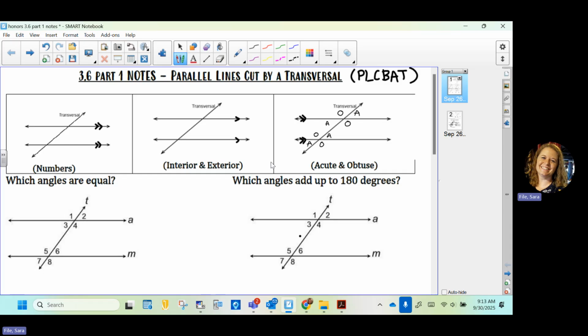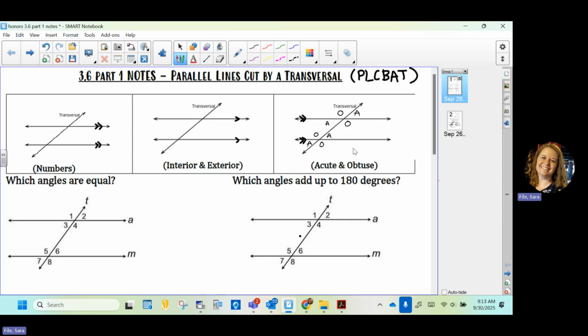When we have parallel lines cut by a transversal, all 8 of these angles are going to have one of 2 possible relationships to each other. We're going to talk about that today. Underneath here, it says which angles are equal, and which angles add up to 180. If you pick any 2 of these 8 angles, those are the only 2 relationships they can have.